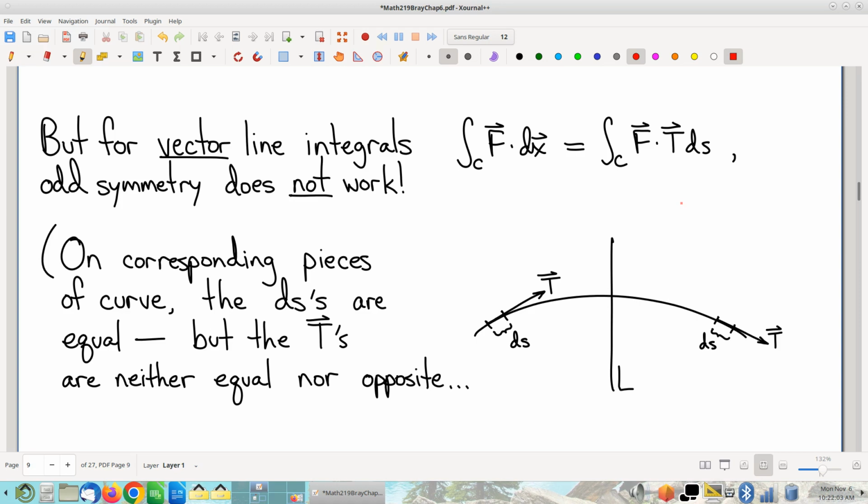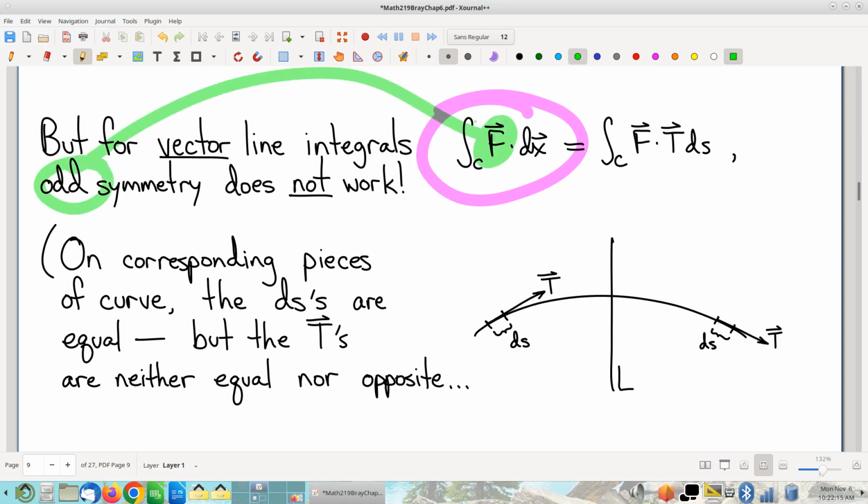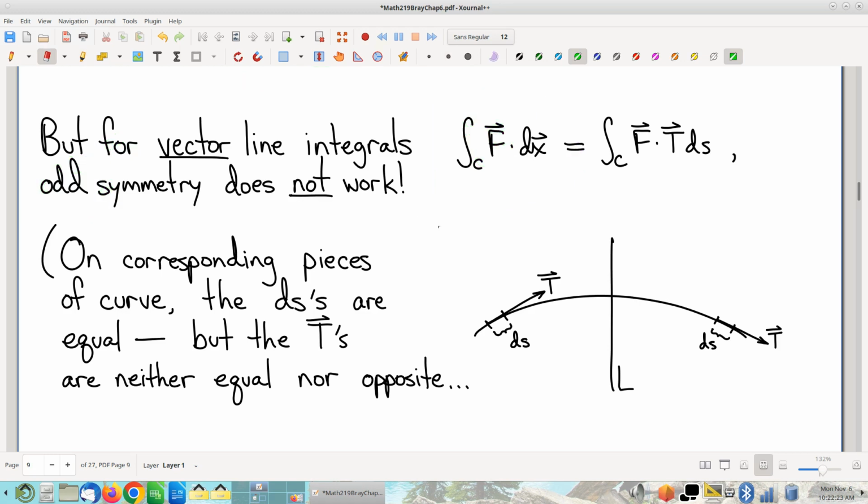Let me try to show you why for a vector line integral it just doesn't work. Here's a vector line integral, and when I say an odd symmetry theorem, what I mean is odd being characteristic of the integrand, namely the vector field. Okay. So here's the thing. Let's look at this instead in the form of this. Now, this is just an alternative way to write a vector line integral, right?